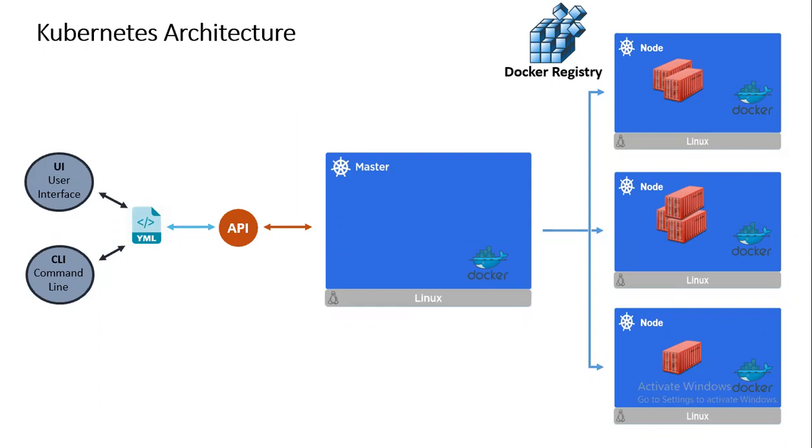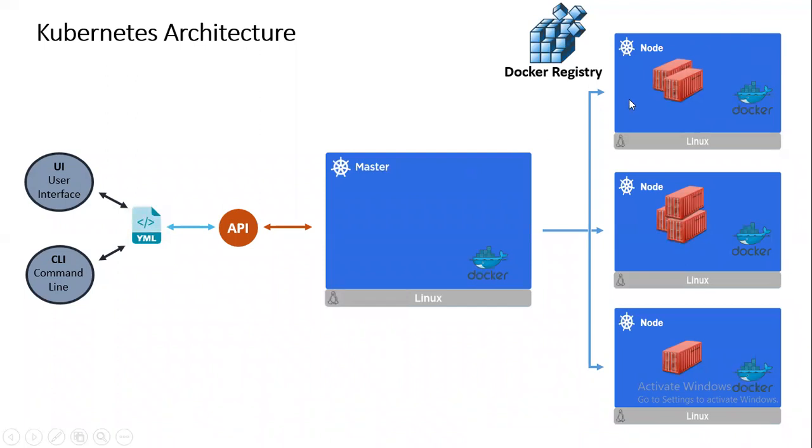Especially if you are setting up Kubernetes on cloud, like AWS or Azure, then the master machine will generally be called the control plane. If not, we generally call it a master. And on the other side, we have individual nodes in which the actual containers will be running. These are called Kubernetes nodes or worker machines.